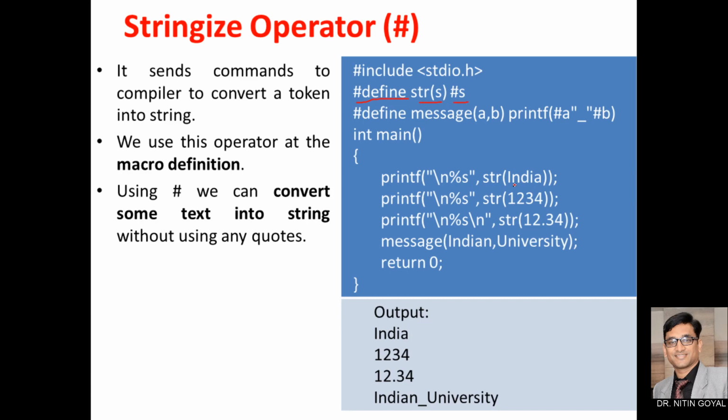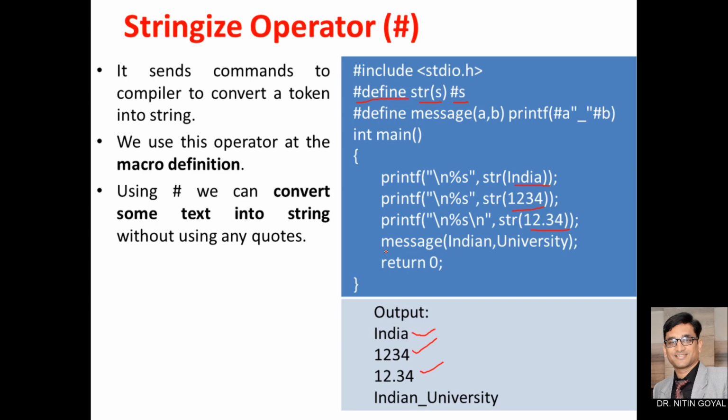Here STR(India) is used, meaning the value of s is passed as India. So India will get printed. The value of s, that is India, will get printed. 1234 is given, so 1234 will get printed. 12.34 is given, whether it is of float type, but that doesn't matter. 12.34 will get executed.